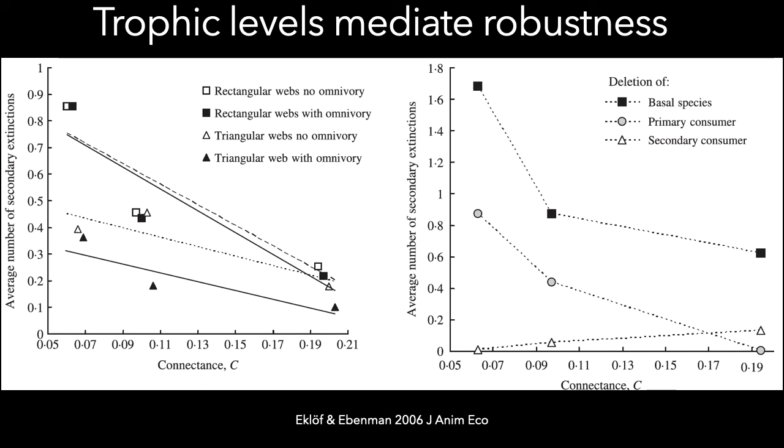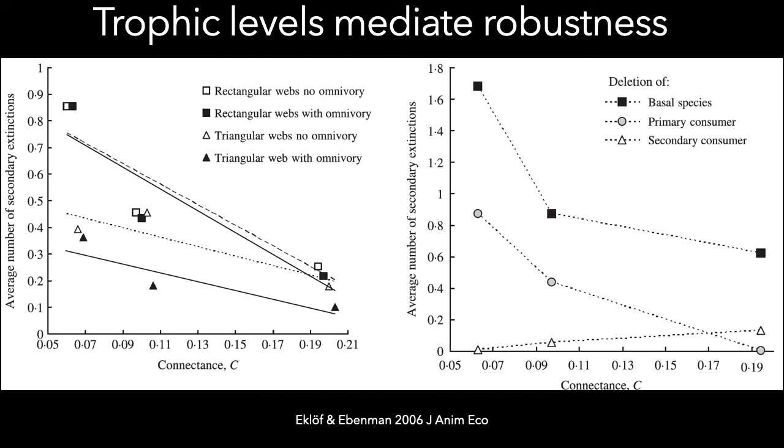What we can gather here is a very important result that indicates that losing primary producers, losing basal species, is going to have a tremendous impact on the robustness of the food webs, and particularly much higher than losing primary consumers, or even much higher than secondary consumers.